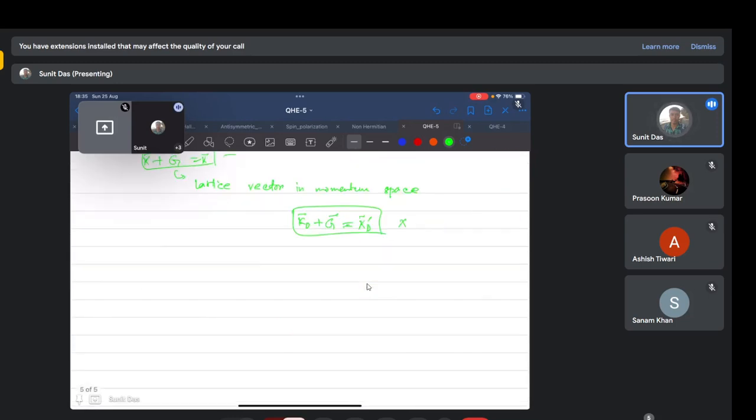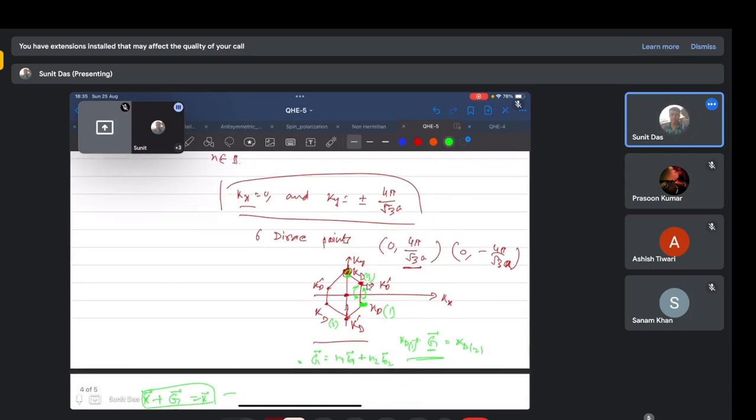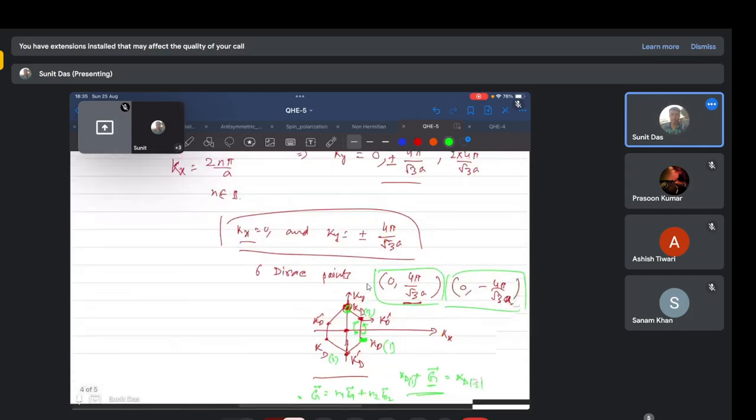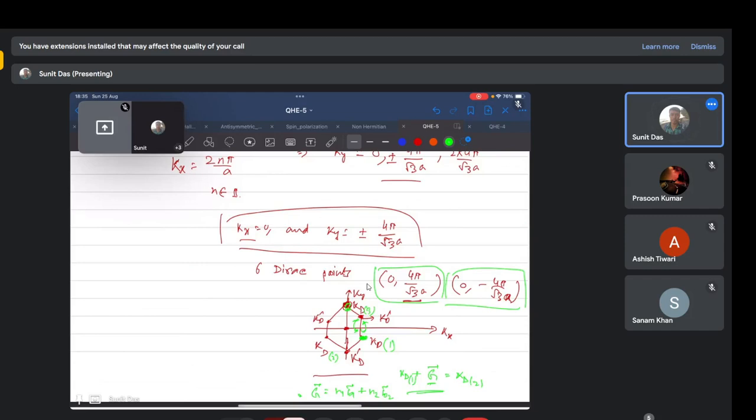Okay, so let's go ahead with this set of Dirac points, kd and kd prime, or let's call them kd, 0 and 4 pi by root 3a.